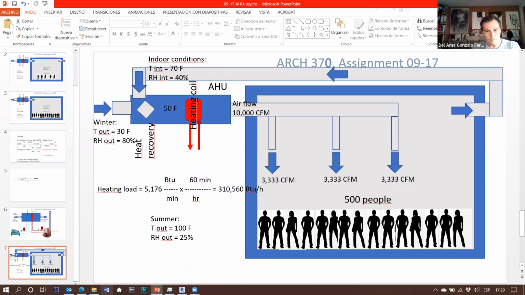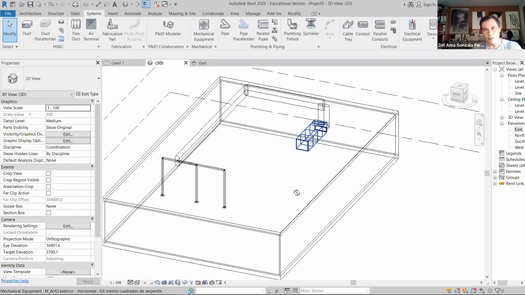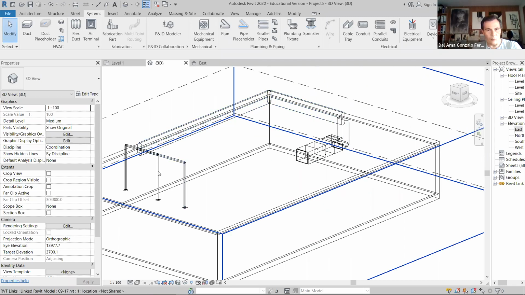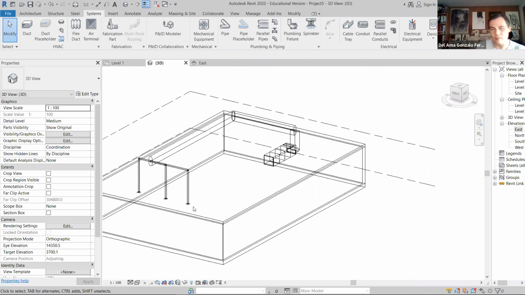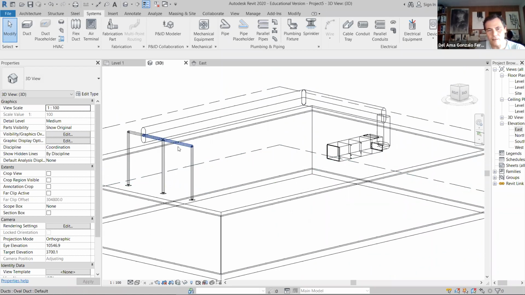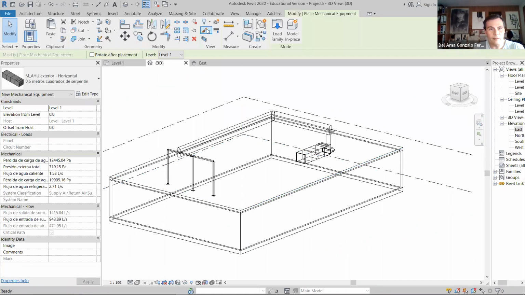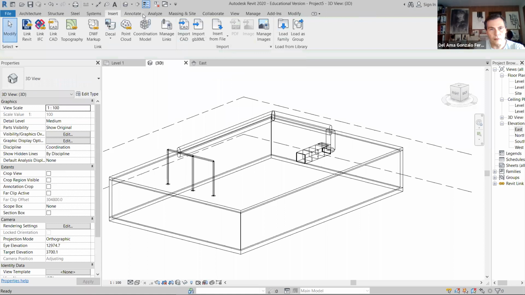So in this Revit file, I have already placed the air handling unit. I have to work with the ducts, because this is not acceptable. So I have to make something nicer, but we have the whole semester to do something nice here with all these ducts. And finally, I need to place in mechanical equipment, there will be, or we can insert load families.